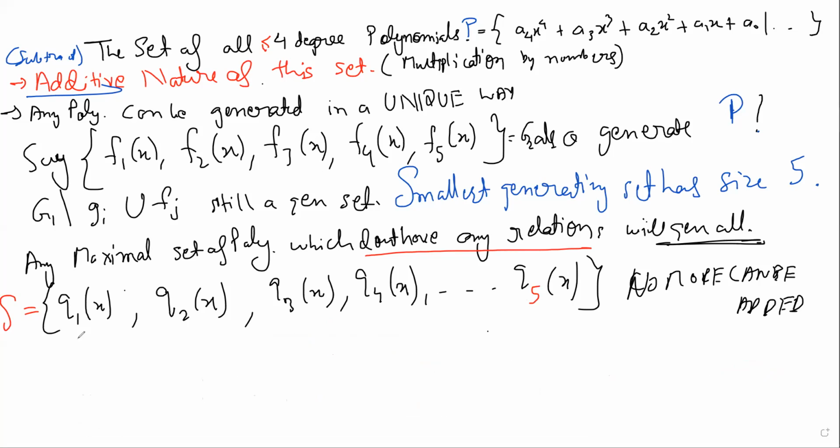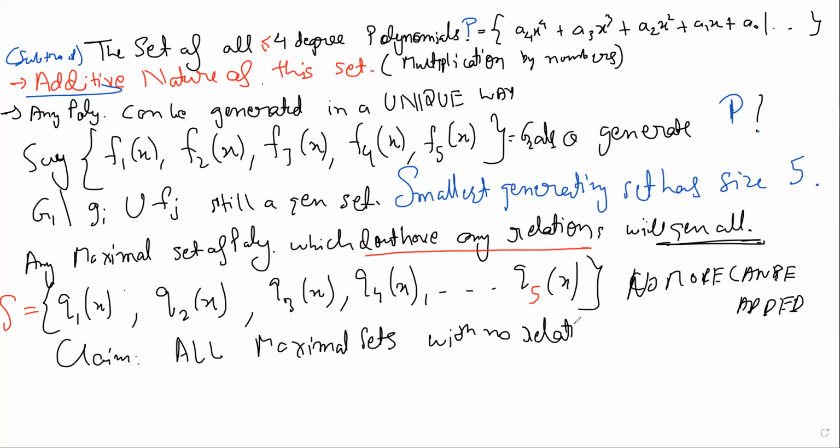Okay, so here is the claim. Just like for graphs, all maximal independent sets, or maximal sets with no relations, in which the polynomials don't have any relations between them, have the same size.